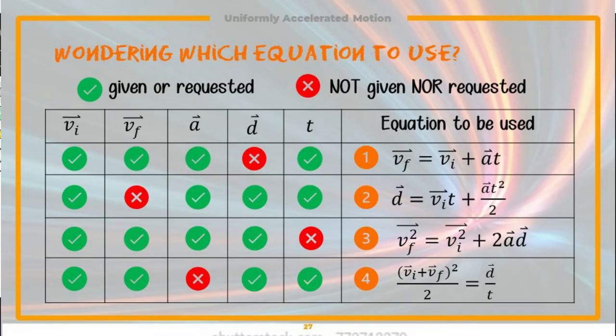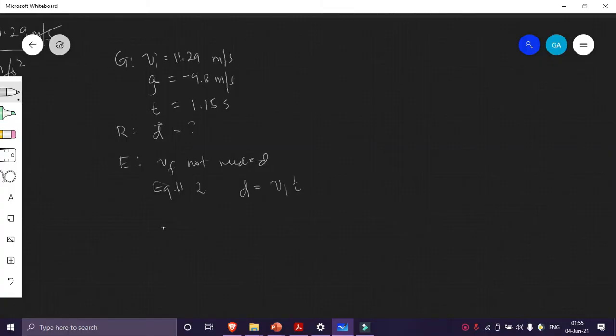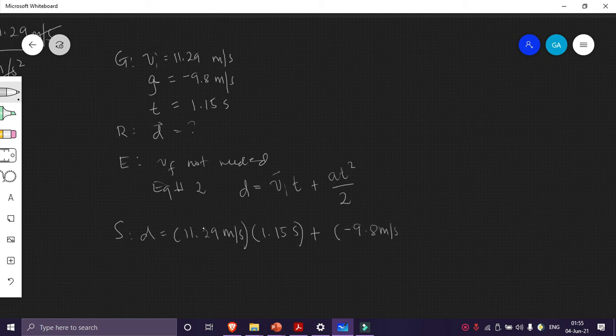So, this will be equation number 2. That will be D is equal to Vi T plus A T squared over 2. Then, solve na natin siya. So, D is equal to Vi is 11.29 meters per second times the time, which is 1.15 seconds, plus A is negative 9.8 meters per square second.